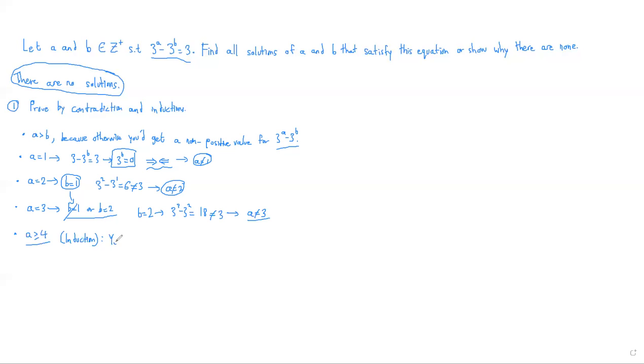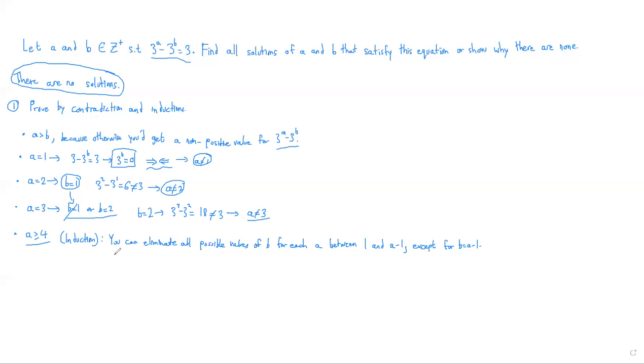You can eliminate all possible values of B for each A between 1 and A minus 1, because remember A is bigger than B. You can eliminate all possible values except for B equal to A minus 1.